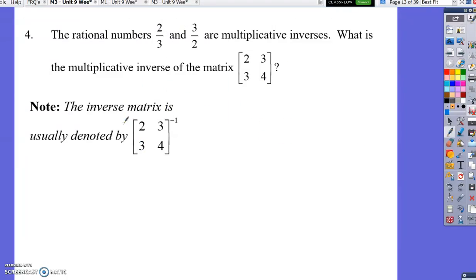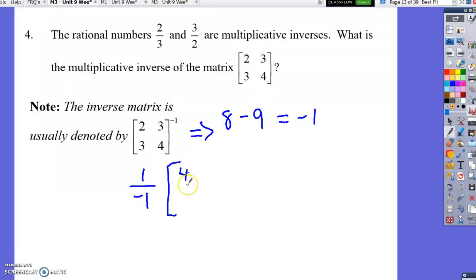So the rational numbers 2/3 and 3/2 are multiplicative inverses. What is the multiplicative inverse of this matrix? So we're going to take our matrix and find its multiplicative inverse. We're going to do that by finding the determinant, which is 8 minus 9, which is -1. And so I'm going to multiply by 1 over -1 this matrix, but I have to switch the places of 4 and 2, while 3 and 3 stay in the same places and change signs.